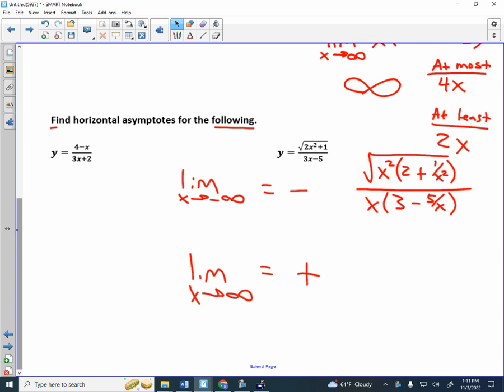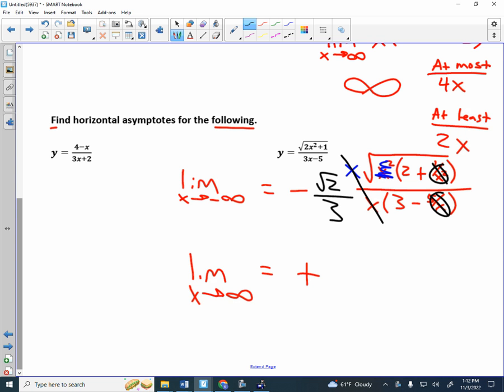Can I bring that x squared out in front of the radical? If I bring it out in front, what does it become? So I'm going to put that there. And what's going to happen to those x's? They will cancel. And then the 1 over x squared and the 5 over x, what happens to those? They both go to 0. So what are you left with in the top? So you get the square root of 2 in the top, and what do you get in the bottom?